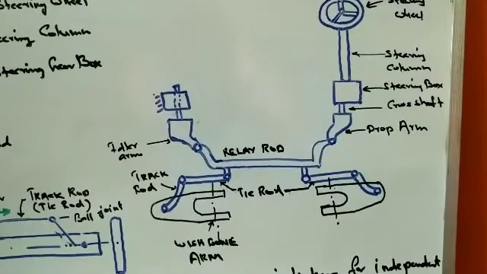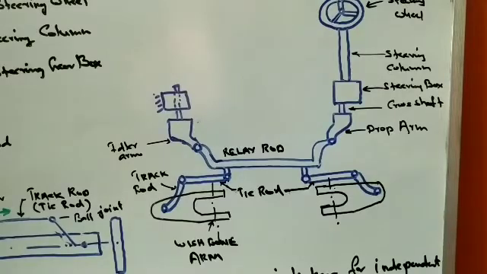The relay rod is restricted to move in the horizontal plane only. Movement in the vertical direction is provided by the outer portions, that is the tie rods, about the end ball joints. So the vertical motion, perpendicular to both, can also be provided.